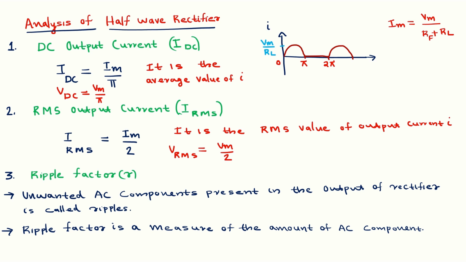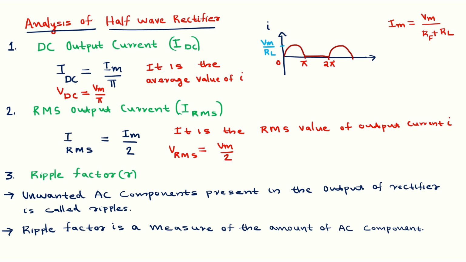The output of the rectifier is not a stable DC. The output of the rectifier is a pulsating DC. That means the output of the rectifier contains DC as well as AC component. The unwanted AC component present in the output of the rectifier is called ripples. The ripple factor is a measure of the amount of AC component.